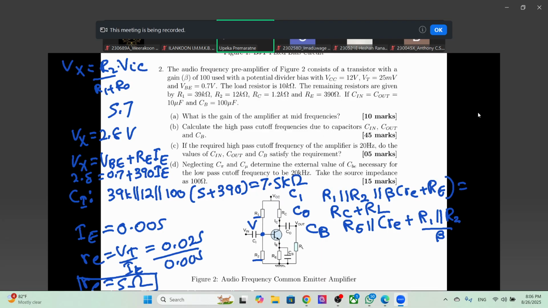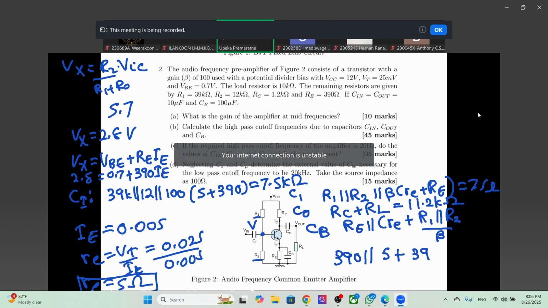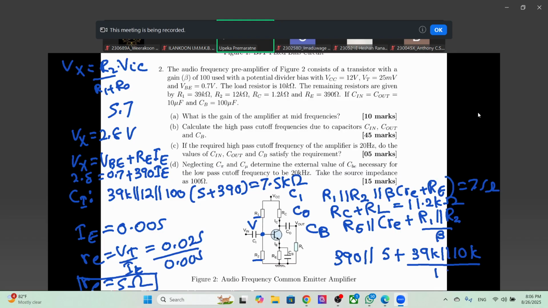For the output capacitor, it is 1.2 plus 5 plus 39K parallel to 10K divided by 100, and that will equal 77.9, approximately 78 ohms.